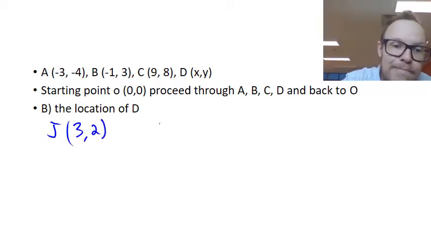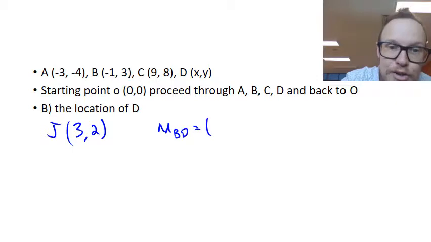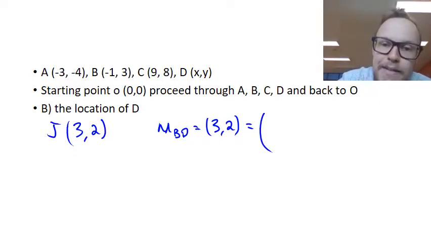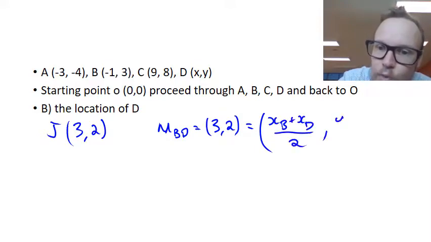Our midpoint between points B and D is going to be equal to 3, 2. That's the judge's boat. So the midpoint of B and D is x of B plus x of D over 2, and y of B plus y of D over 2.